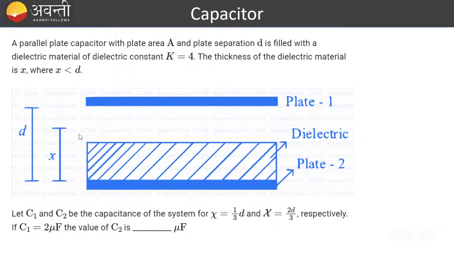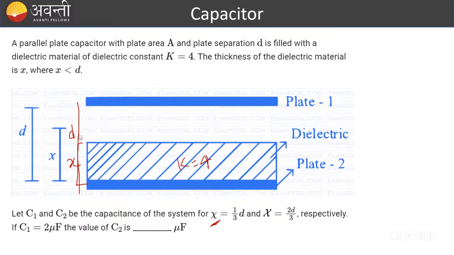क्वेश्चन ये कह रहा है कि we are having two plates of capacitor. ठीक है, there is dielectric of thickness x, so this thickness is given as x, and this whole thickness or this whole space is equal to d. ठीक है, there is dielectric of dielectric constant 4. Done है. Now let C1 and C2 be the capacitance of system for chi is equal to 1 by 3 d and chi is equal to 2d by 3. Chi means x का value है basically.